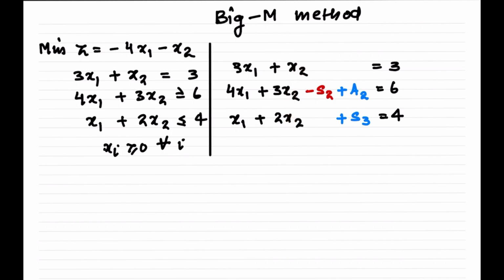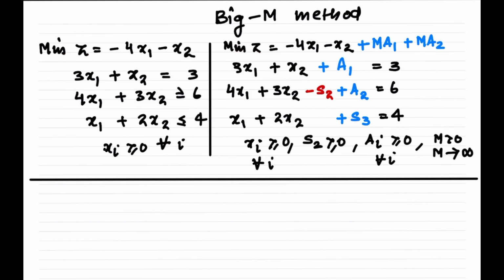That means there is a necessity to add an artificial variable in the first constraint, which was already an equal to, but still to start our simplex, we add an artificial variable. So the objective also gets changed. This was the original part. We have added 2 artificials and the sense of optimization is minimization. So we add plus MA1 plus MA2.